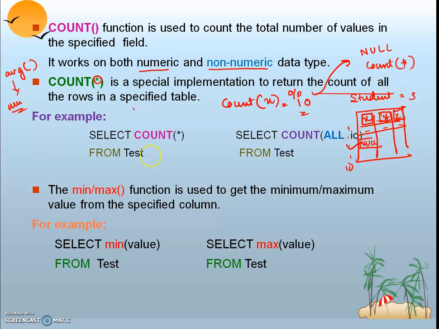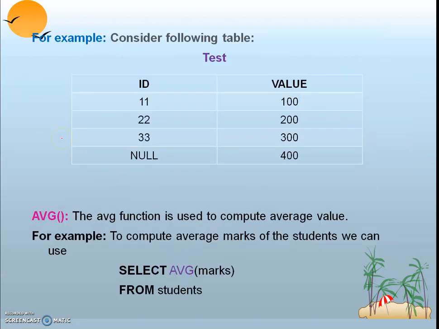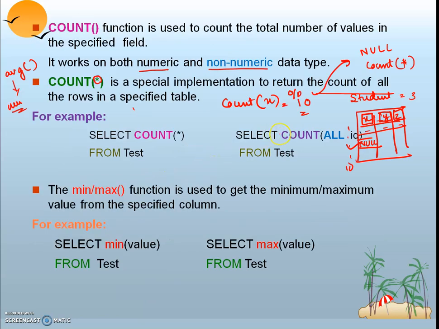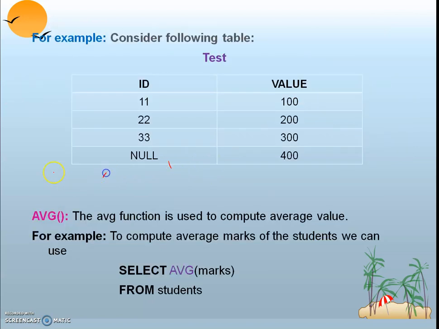That means the records which carry all the attribute values will be counted and given as the output. Okay, so for the same example that we have seen previously, that is test with ID and value, let's try to apply count. If I apply count for ID, so what am I saying? Apply count of all ID. So how is it going to work? It is going to take all the values as the output.